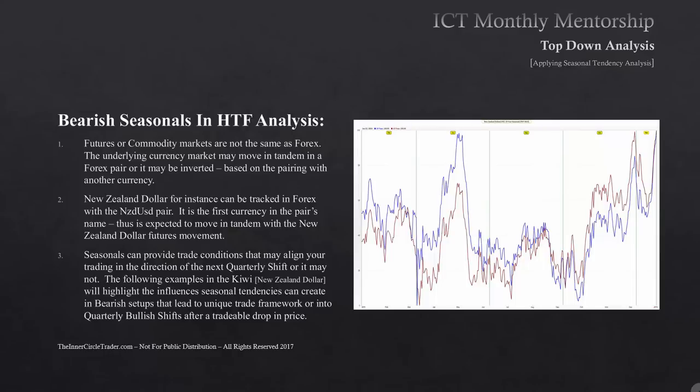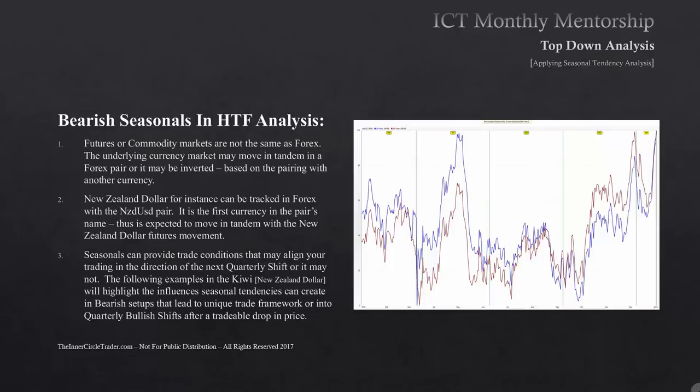If you're looking at this chart, you can see that there are certain points where price moves generally in the same direction on the blue line and on the red line. It's comparing a long period of time on the blue line and a shorter period of data. When both of them move in tandem, in other words, they're basically moving in the same direction, up or down, at any given time, that highlights a high probability seasonal tendency.